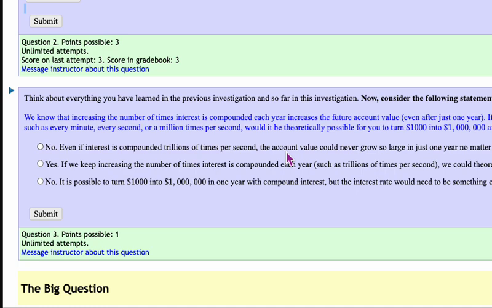You can see it on your screen. We know that an increase in the number of times interest is compounded each year increases the future account value. If you were able to compound interest every minute, every second, every million times per second, would it be theoretically possible for you to turn $1,000 into $1 million after 1 year?